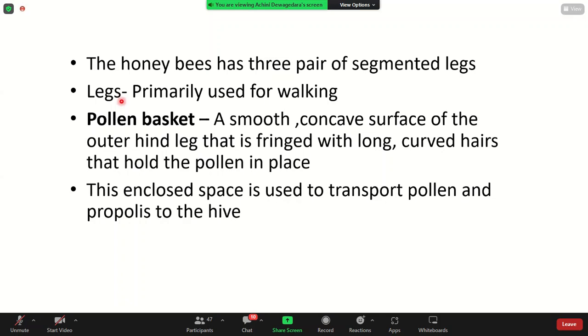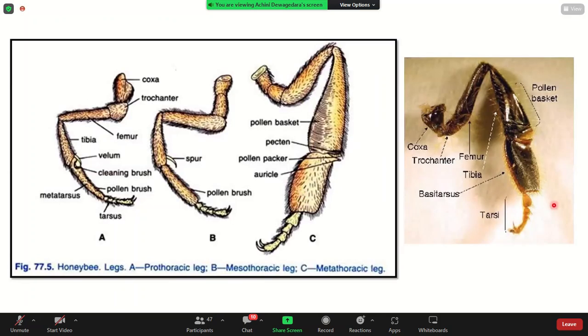This pollination happens when bees move from flower to flower, and their legs are modified for this pollination, right? Here you can say their hind legs.